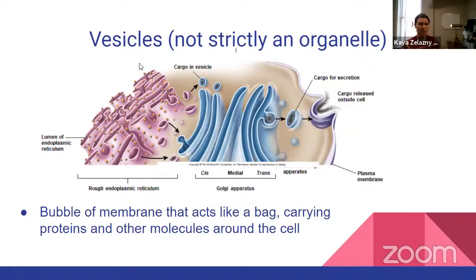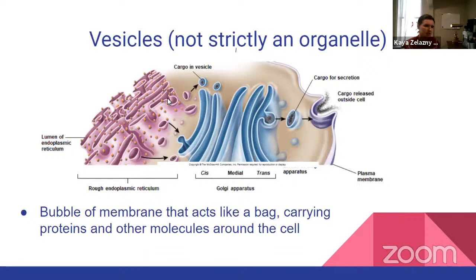So in order to do that, we're going to basically put our protein in a little membranous bag, right? We're going to peel off a little bit of the membrane, make a little bubble with it, and our protein is going to be inside of that. This is analogous to what we talked about with bulk transport with endocytosis and exocytosis.